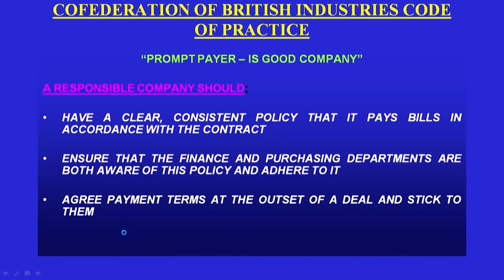Agree payment terms at the outset of a deal and stick to them. Whatever the terms are in the contract agreed by both sides, supplier and buyer, once the document is signed, nobody will deviate from that. Nobody will go against those points, whatever the credit period mentioned, whatever the cash discount, whatever the payment terms, what the order size is, all these things remain written in the agreement or the contract.